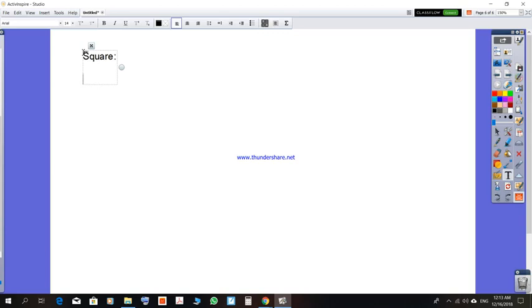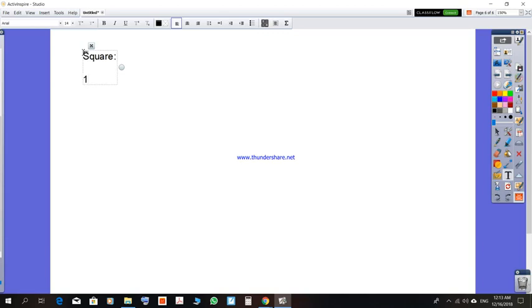And furthermore, we can say that the rectangle and rhombus are parallelograms. But a parallelogram isn't a square, isn't a rectangle, and is not a rhombus. Okay, be careful about that.